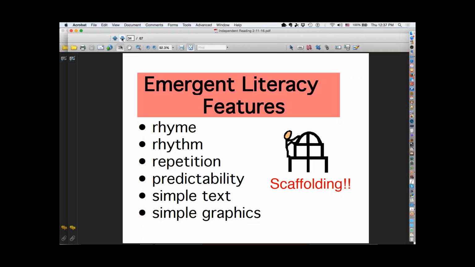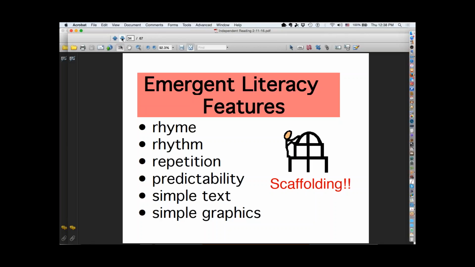Those high frequency word families like in, like ed, like et. Those super high frequency word families we really focus on. Rhythm aids memory. We know that from research. Repetition helps students feel successful and helps them see the same sentence patterns over and over.